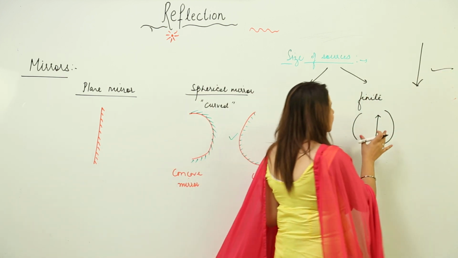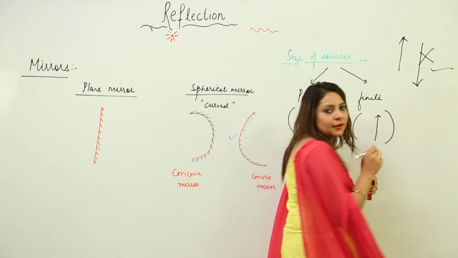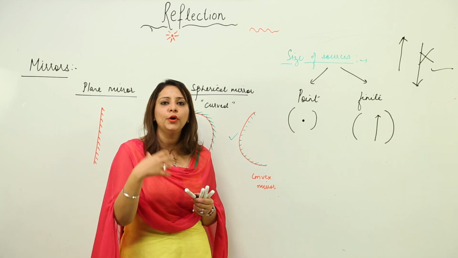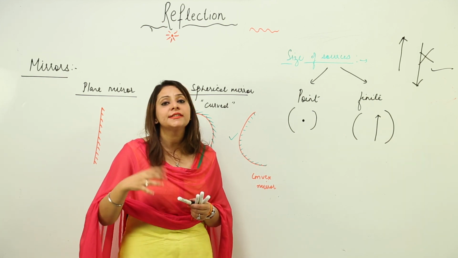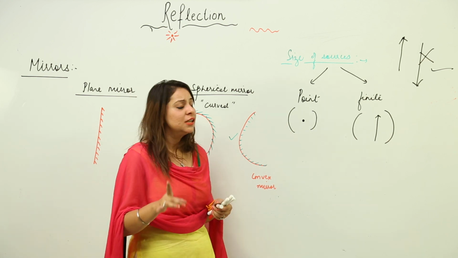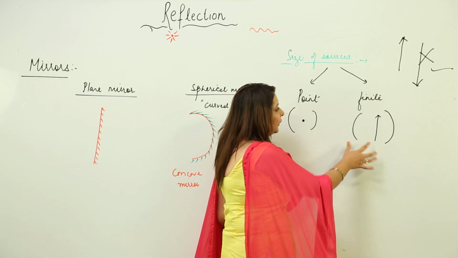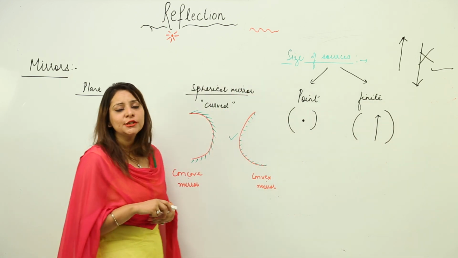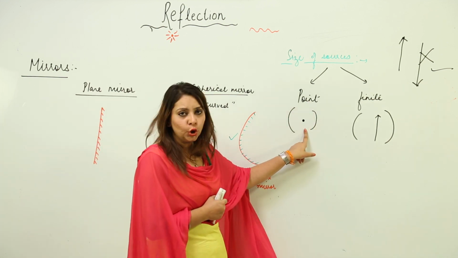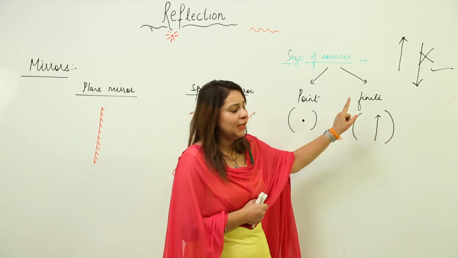Whenever you point the pointer up or down, it signifies a different meaning in the ray diagram, so don't get confused. Just draw a finite source the way I have drawn it. So depending upon the size of sources, we have a point source, which is denoted by a dot, and a finite source, which is denoted by the arrow pointing upside.